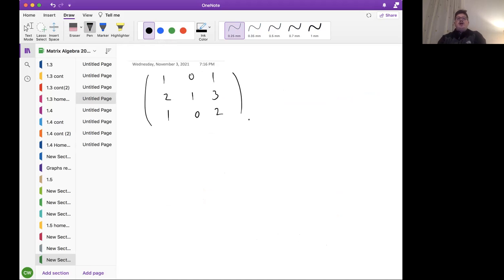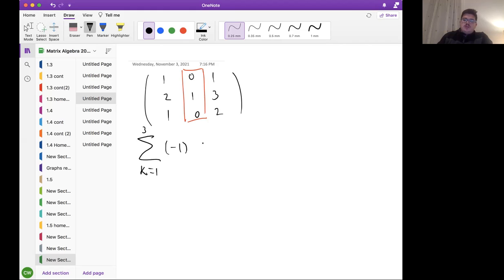Okay, so what row or column would be best here? Second column, good. Okay, so let's use the formula for the column cofactor.